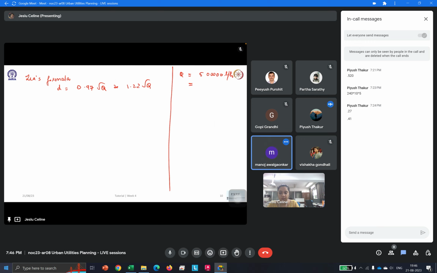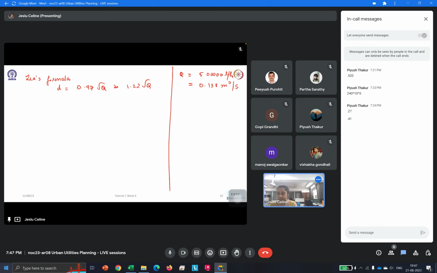That is 138 liter per second, so 0.138 meter cube per second, because 1000 liters is equal to 1 meter cube.